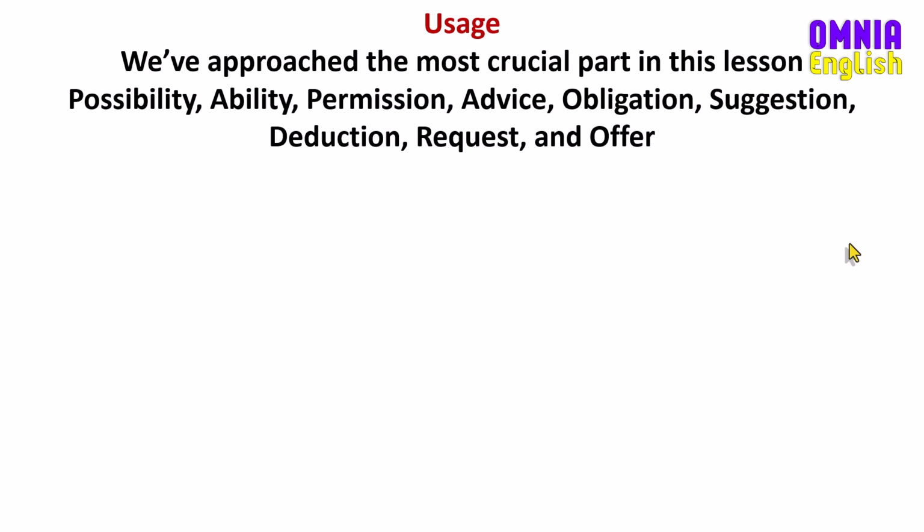Now we have approached the most crucial part in this lesson, the usage of modals. How can we use modals, or where do we use modals? We have a lot of contexts. In order to understand how to use each one, we need to define the context we're talking about.